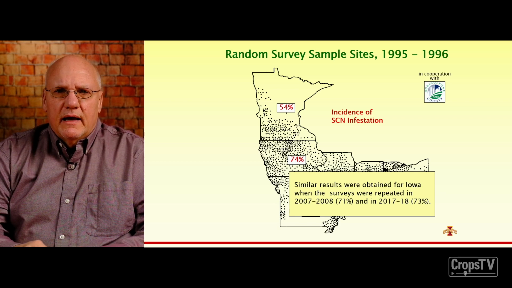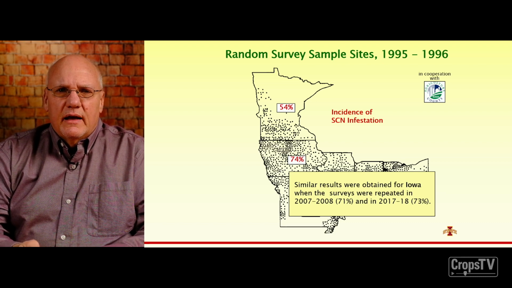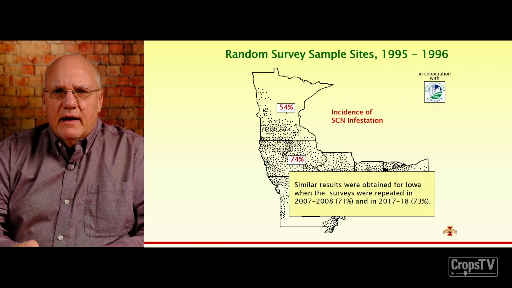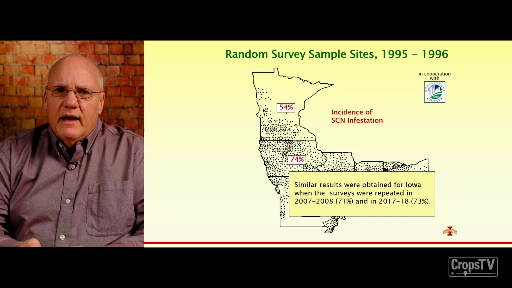We did it again in the mid-2000s, again cooperating with the National Ag Statistics Service, and we found SCN in 71% of the fields in Iowa then. Most recently, in 2018, we did a random survey a third time and found it in 73% of the fields. So SCN is certainly widespread in the state of Iowa, and farmers need to be aware of it and need to be on top of managing this pest.